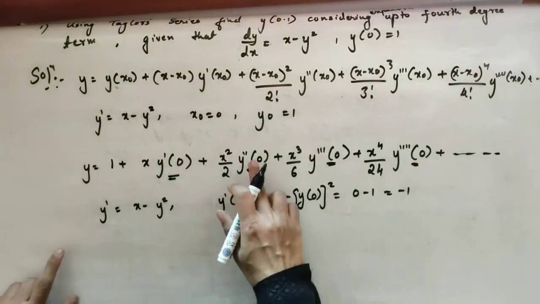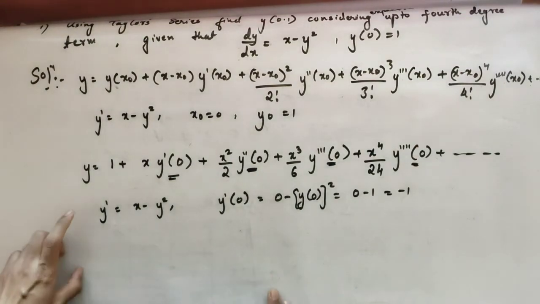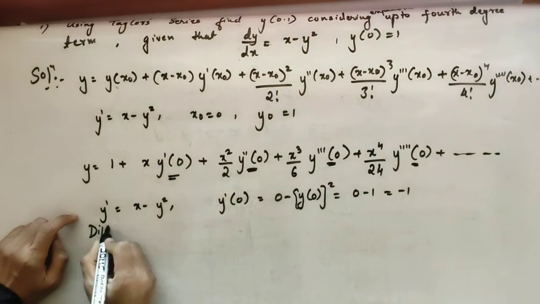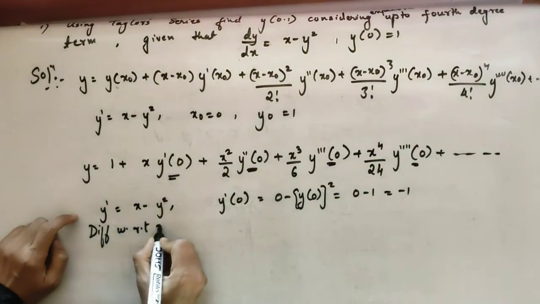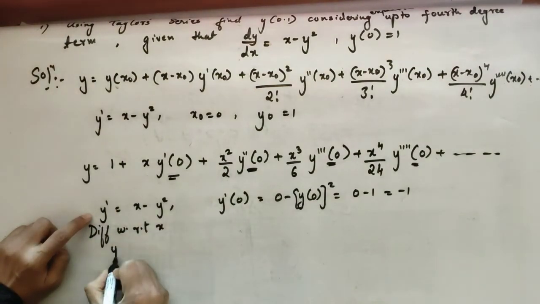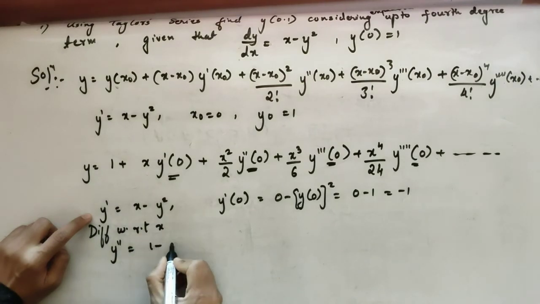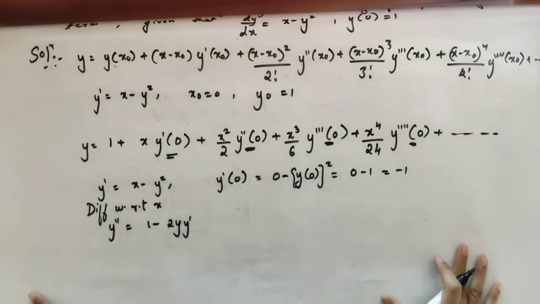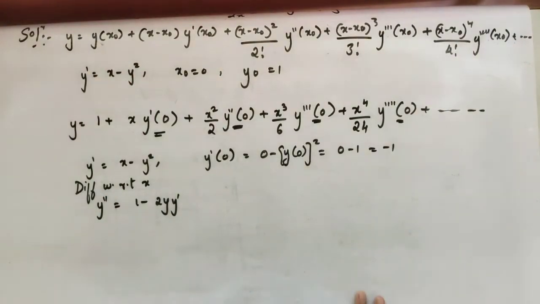Now I want y double dash, so for that, let us differentiate the given equation with respect to x. When we differentiate this equation, we get y double dash is equal to 1 minus 2y dash. Derivative of x is 1, minus the derivative of y square, which is 2y into y dash, that is dy by dx.